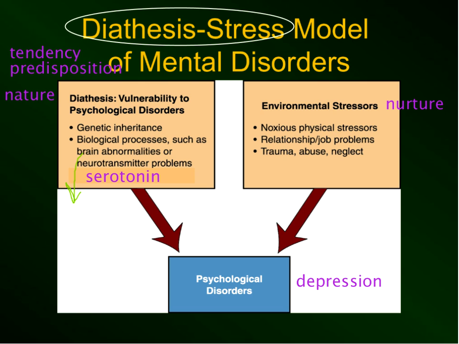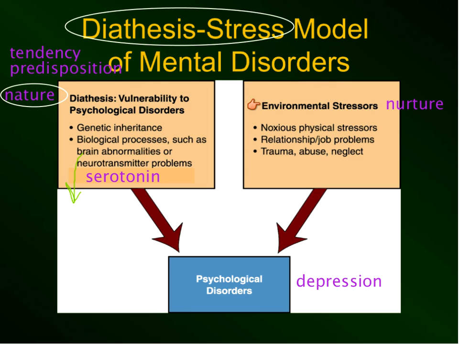So that might be lurking in the background on the nature side of the equation as something that makes you vulnerable to getting depressed. But it's not a genetic dictate. There's no disorder where the genetic inheritance says you are guaranteed to get this psych disorder. None of those. So the nature gets acted on by, well, life, right?